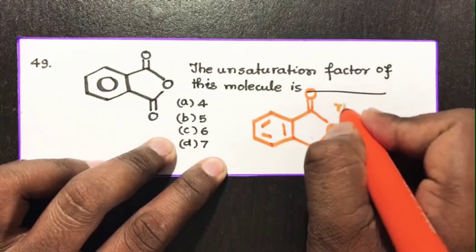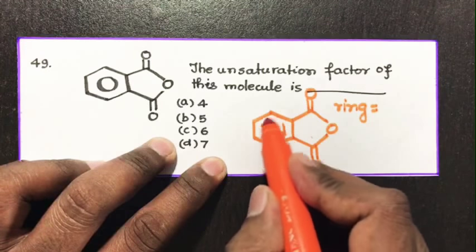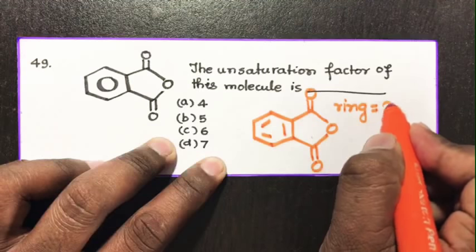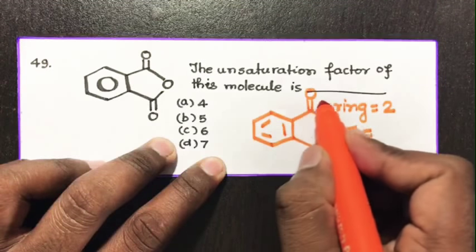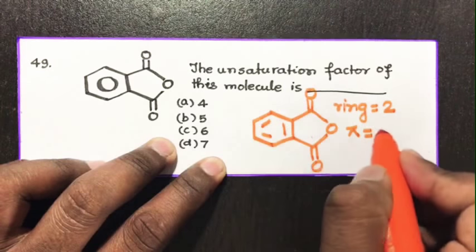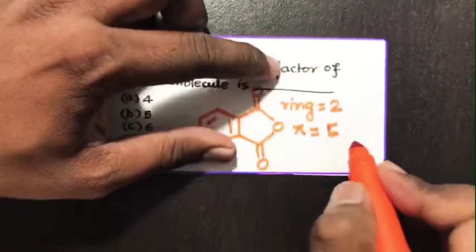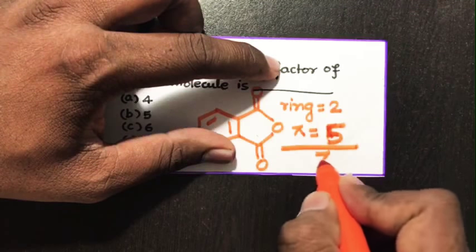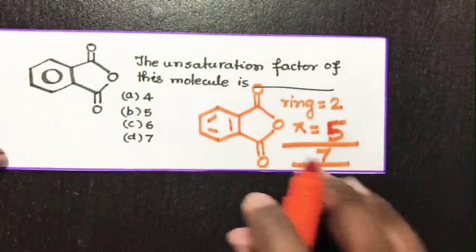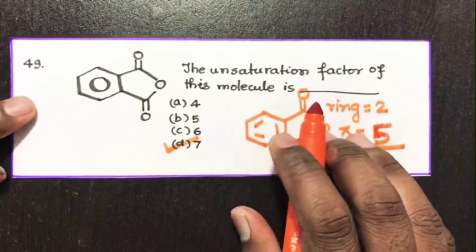So first, the number of rings is 2 here. This is the first ring and this is the second ring. Now coming to the pi bonds, this is the first pi bond, second, third, fourth, fifth, so there are 5 pi bonds. Now the total is 7. So the du for this molecule will be 7.